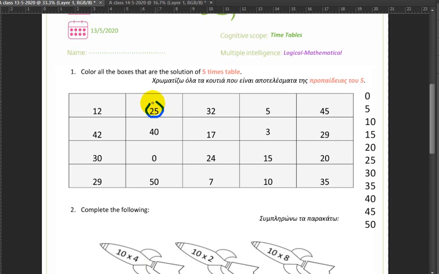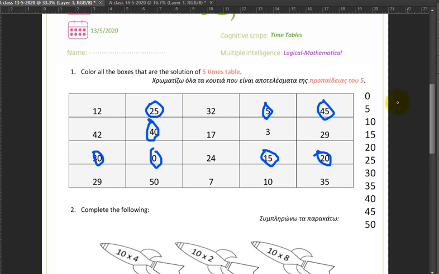25 is. 32 is not. 5 is right here. 45 also is right here. 42 is not a result, but 40 is. 17, 3, and 29 are not any of the results. 30 and 0 are. 24 is not. 15 and 20 are right here.